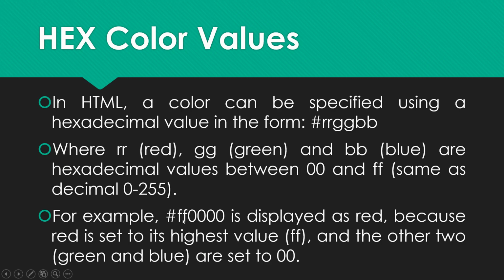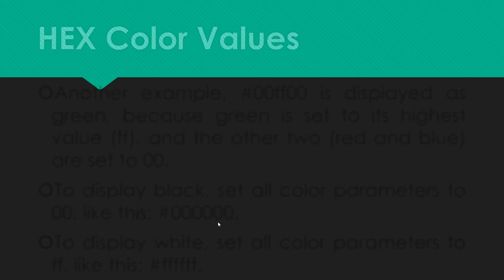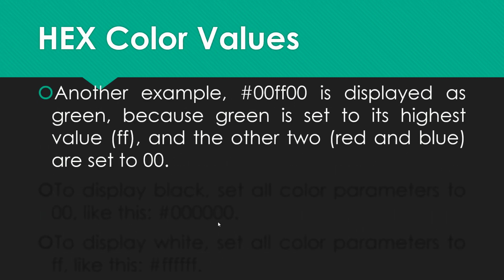So if we do it like this, it will of course display red. Why? Because in the position of red we have increased it to the highest, and the rest will show 00. Those zeros mean they are off, and our color will finally be red. Another example is hash 00 FF 00, which is displayed as green, because green is set to its highest and red and blue are set to 00.